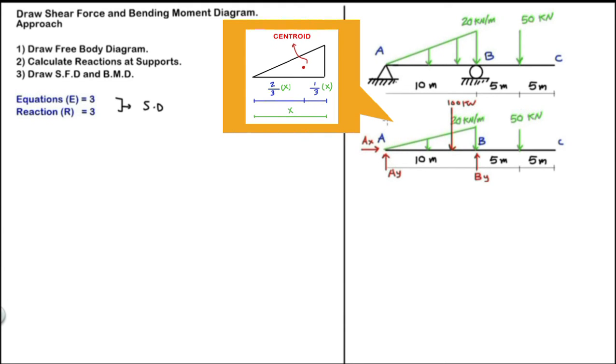And from the properties of triangles, this distance is equal to 2/3 of the whole distance, which is 10 in this case. And this distance is equal to 1/3 of the whole distance, which is 10 in this case.